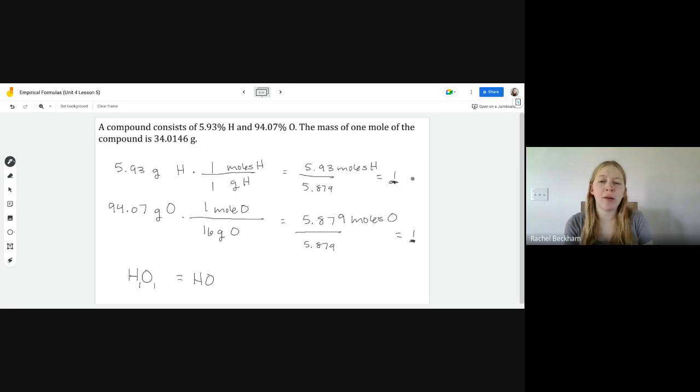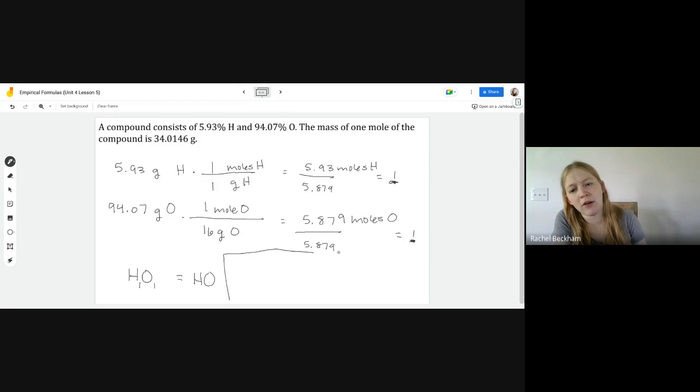Again, if one of these numbers divided out to 2, then our formula would be H2O. But because they were both 1, it's going to be H1O1 or HO. That's the empirical formula. For the chemical formula, we need to find that part.